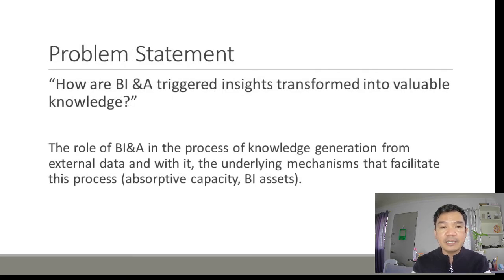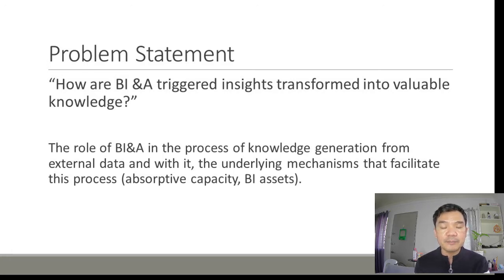To illustrate, the problem statement is: how are business intelligence and analytics triggered insights transformed into valuable knowledge. Here, the paper is looking at the role of business intelligence and analytics in the process of knowledge generation from external data, and with it the underlying mechanisms that facilitate this process, which is viewed under the concept of absorptive capacity, or you can consider this as a construct of absorptive capacity, and BI assets, which are actually existing concepts about the organization, which will be elaborated later.